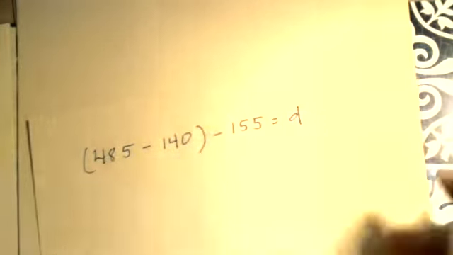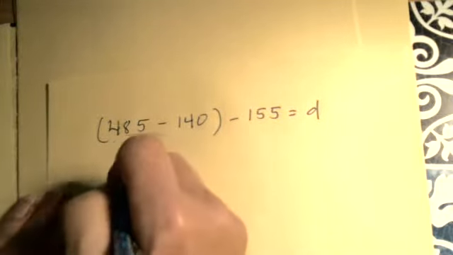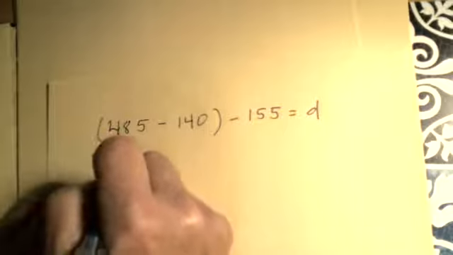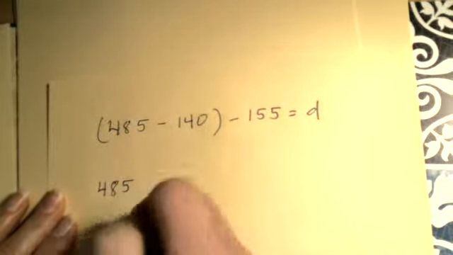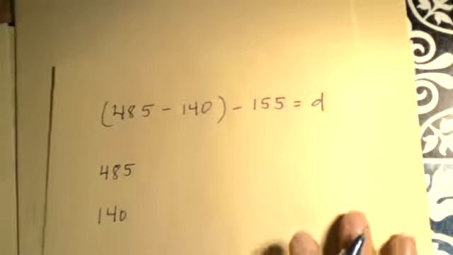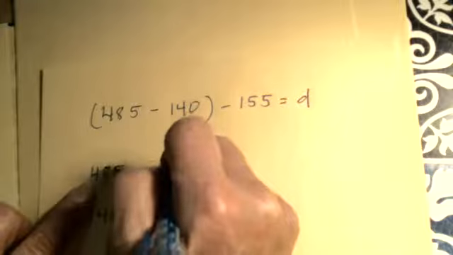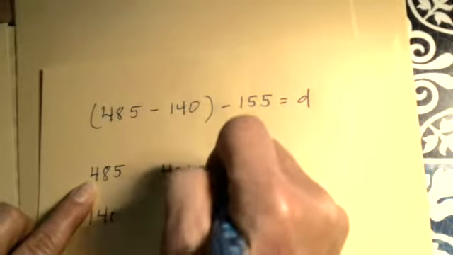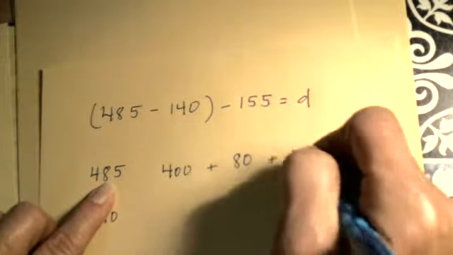All right. So this time I'm going to set it up this way, and I'm going to use expanded form. So what that means is I take this 4 and it means 400, and this is 80, and this is 5.